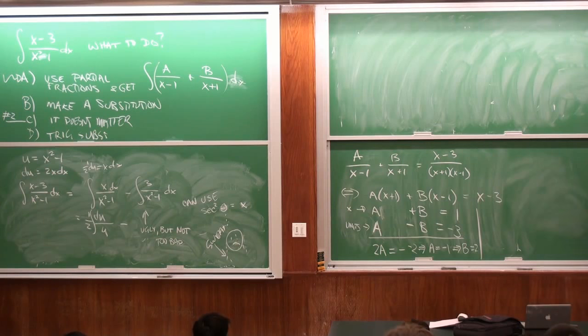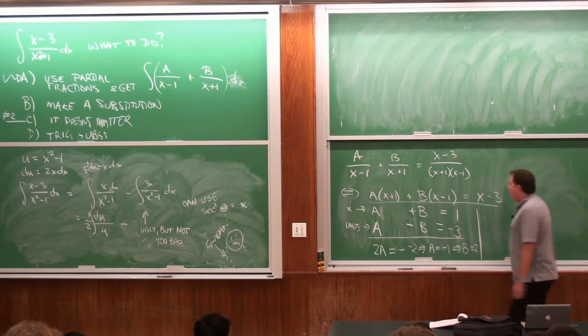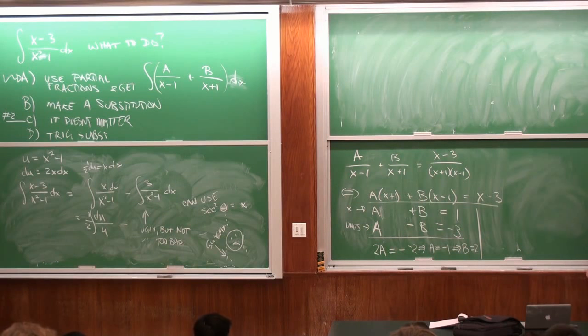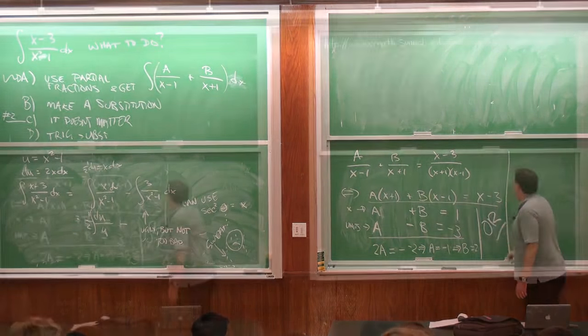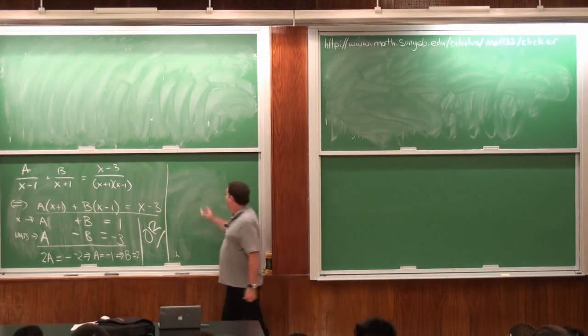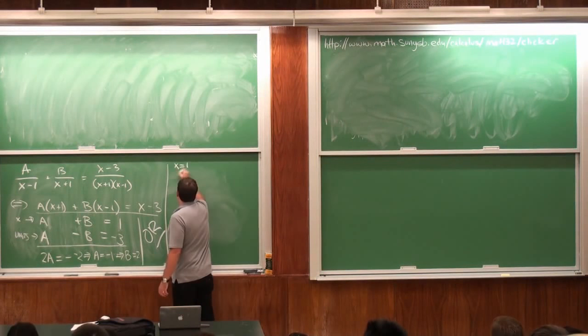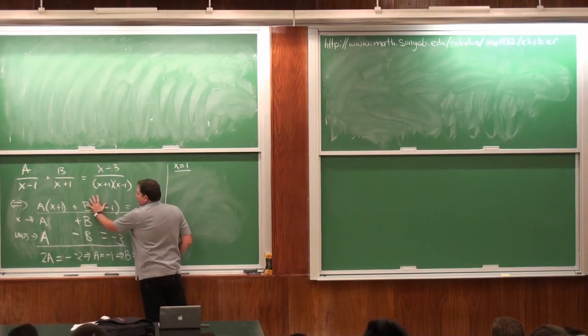An equivalent way I can do it is I can look at this equation and say, okay, this equation has to be true for all x's. So in particular, this equation has to be true when x is 1. If x is 1, then this is 0 and it's gone and out of my face.